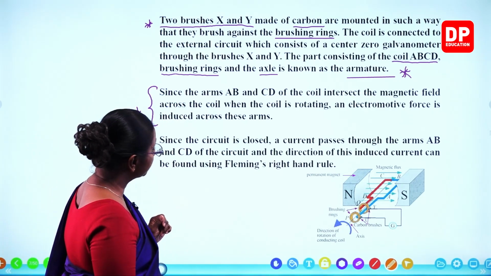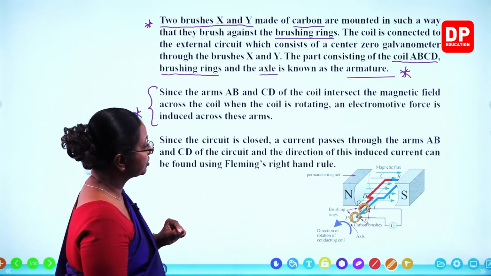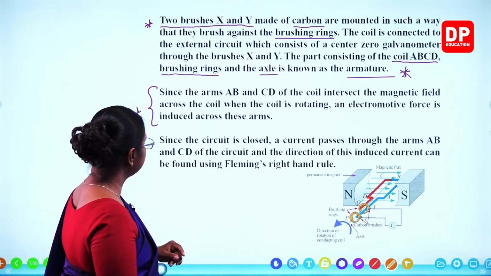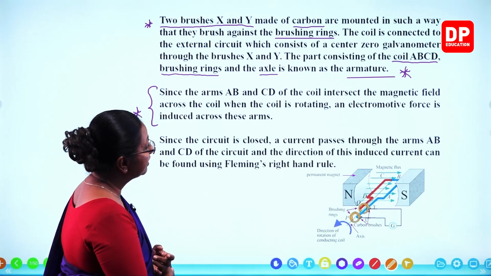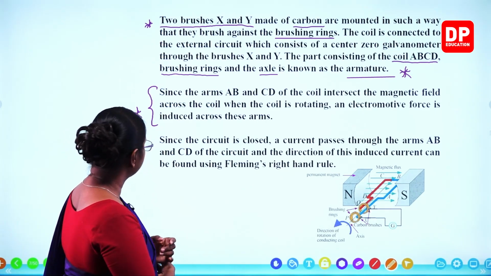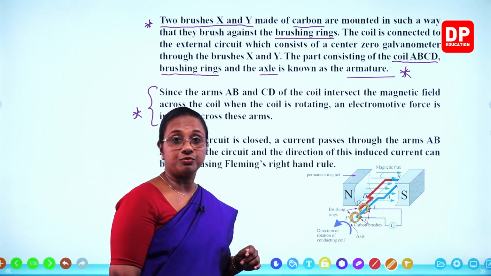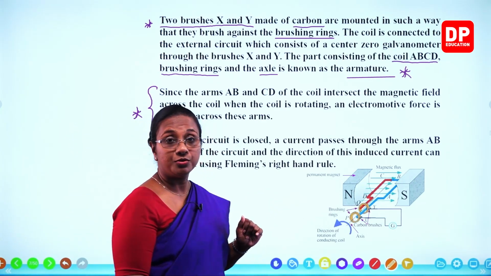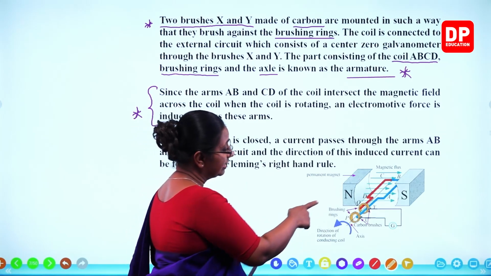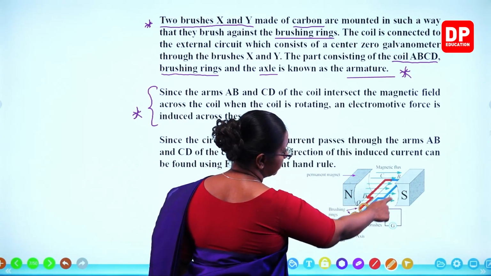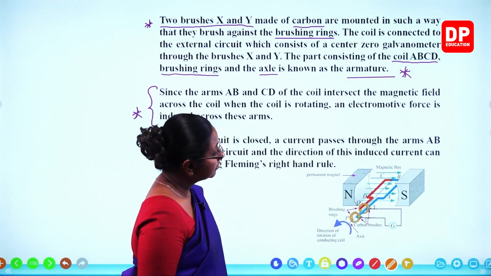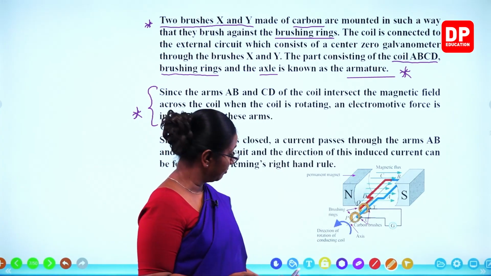Since the circuit is closed, a current passes through the arms AB and CD of the circuit, and the direction of this induced current can be found using Fleming's right-hand rule. So you all know what to do here. The field is from north to south. If you consider the conductor, the side AB, we did that before also.